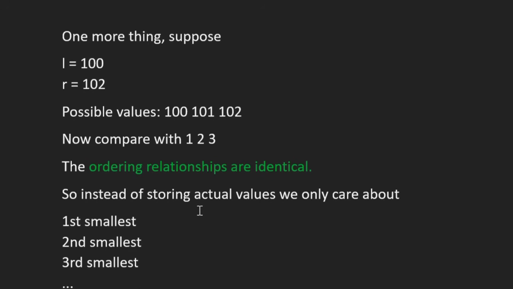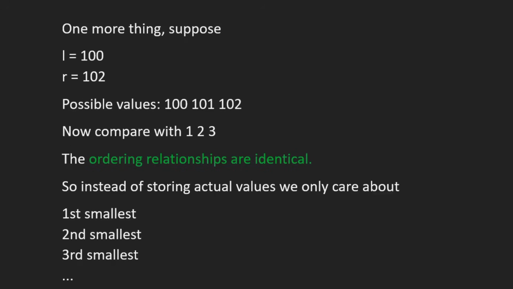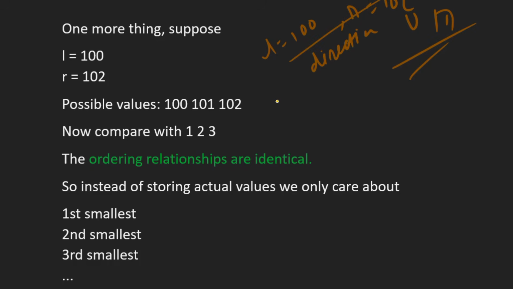Next, suppose we have the range L to R, let's say L is 100 and R is 102. As we have seen, we only care about the directions, that is up and down. So what are the possible values in this range? That is 100, 101, 102. Now if we compare these values with 1, 2, 3, the order here is up and up, and here also the order is up and up.